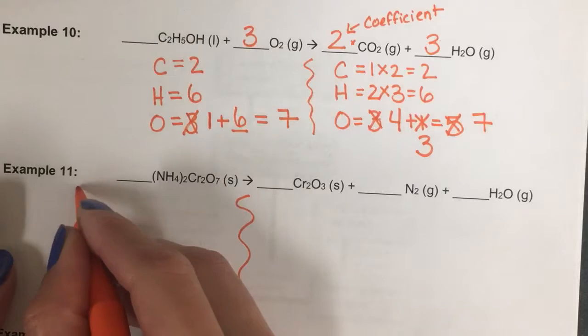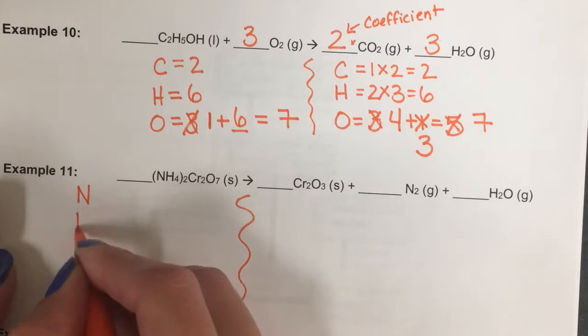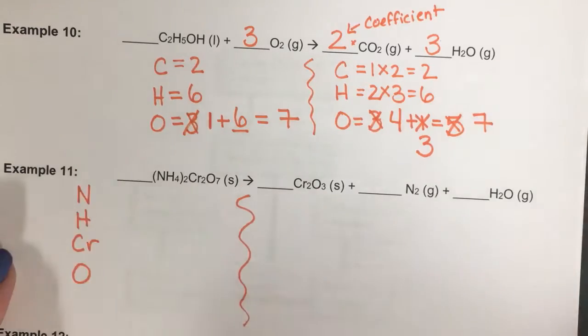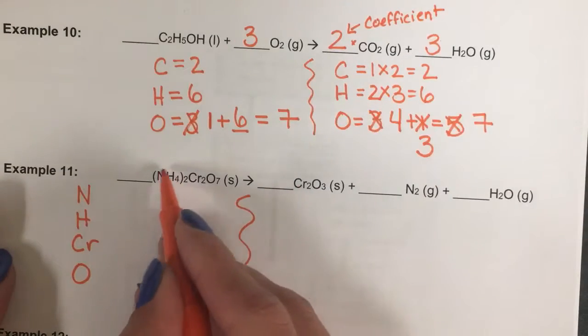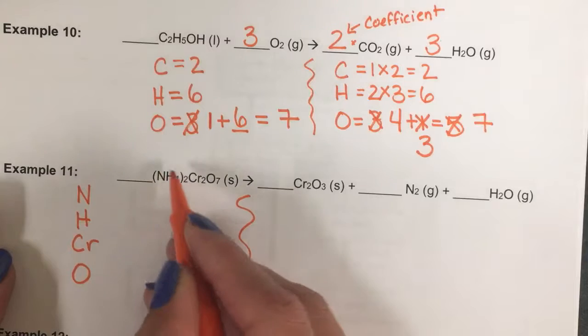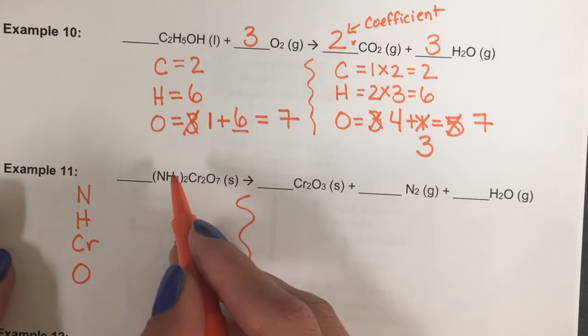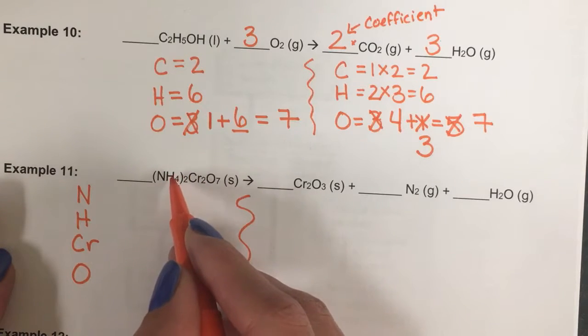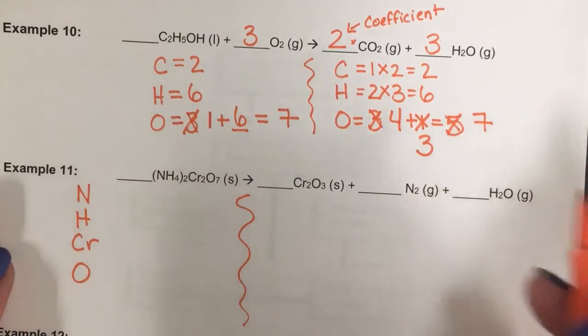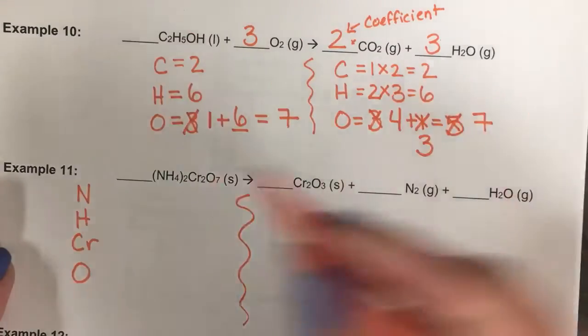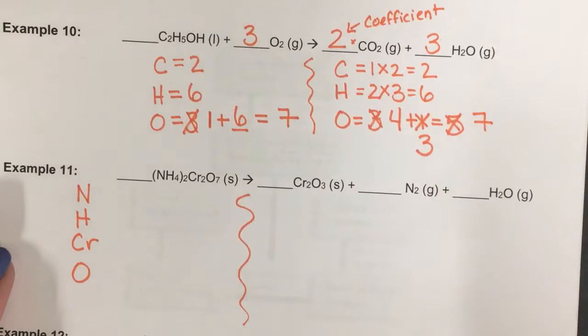In this case, I've got N, I've got H, Cr, and O. Now, NH4 is a polyatomic ion, ammonium. Cr2O7 is also a polyatomic ion. If these looked exactly the same on the left of the arrow and the right, I can leave polyatomic ions together. But because they no longer look the same, NH4, N2, I have to break them up, okay?